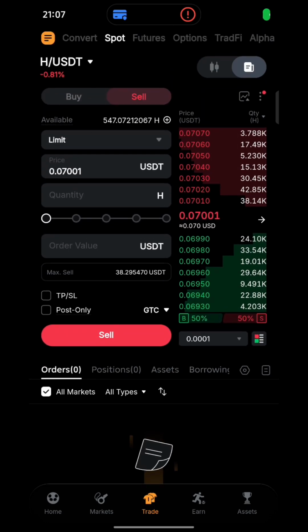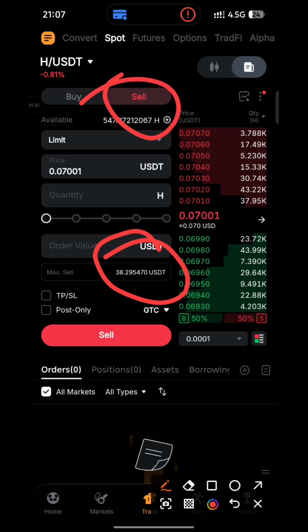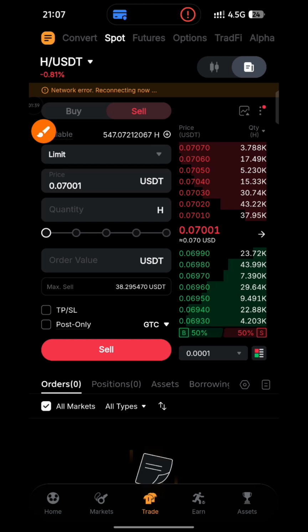I bought with 30, and I think I'm having $8 profit right now. So this is how it actually works. Since this H coin is already doing well, let's look for another coin.